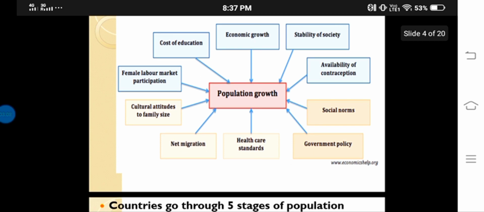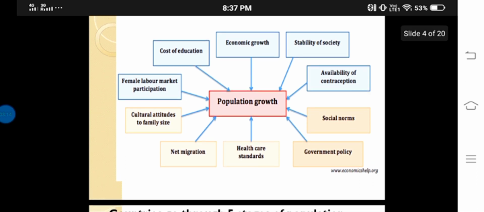Stability of society, government policy, that is family planning programs, like I said. Healthcare standards. Migration is also a huge determinant affecting population. Cultural attitudes. In some cultures, there is a belief that you have to expand the family.